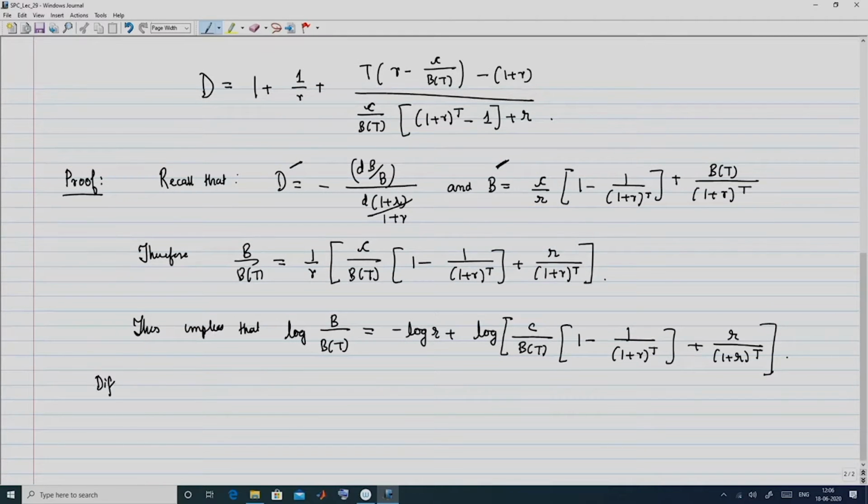So, now we differentiate with respect to r.